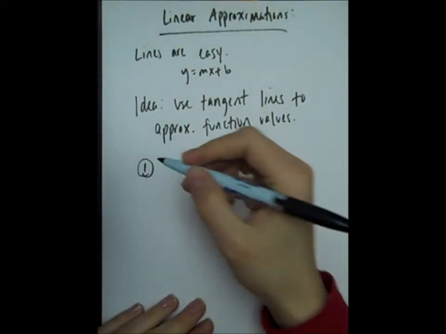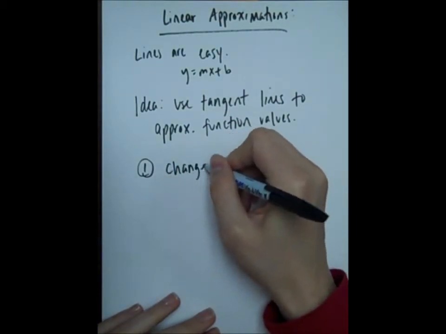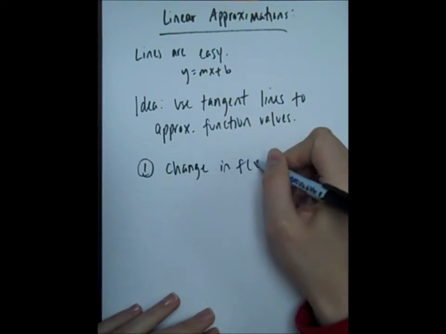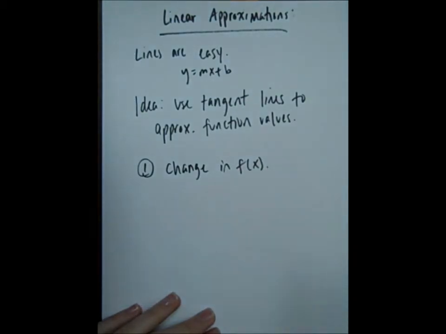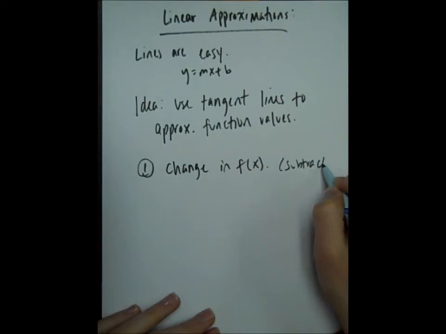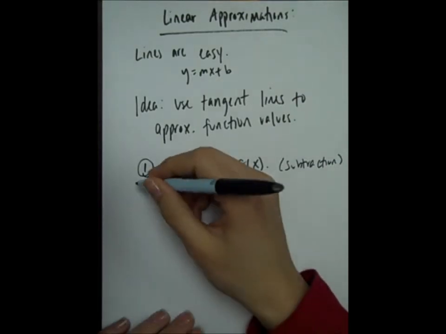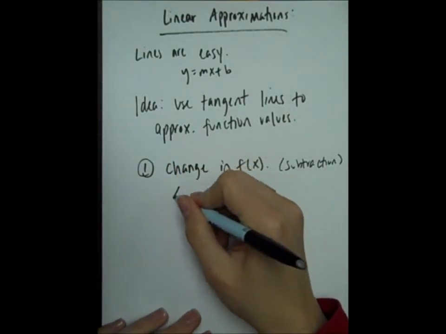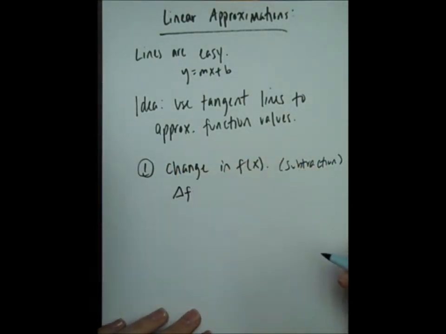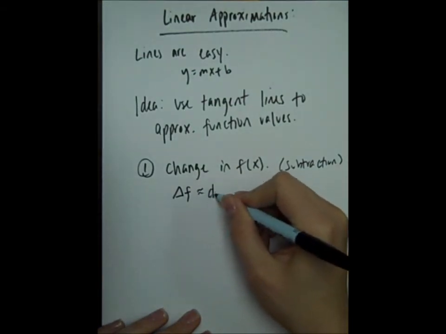The first type is, what is a change in f of x? Now when we say change, we're talking about subtraction usually. In that case, we're going to use the notation delta f, though it could also be written as df.